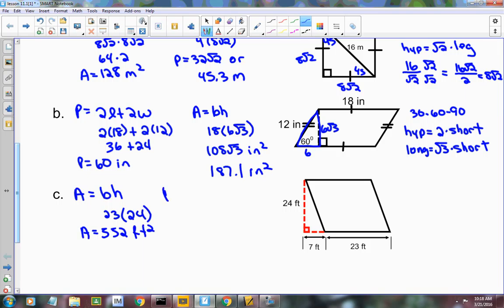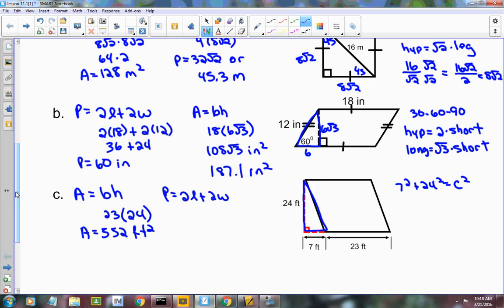Okay, but now I need the perimeter, which is 2 times the length plus 2 times the width. I've got the length, I don't have the width, okay? So what am I going to have to do to find that? I'm going to have to do the Pythagorean theorem. Okay, does anybody know what the answer is? Is this a triple? It is. You know what it is? 7, 24, 25. Okay?